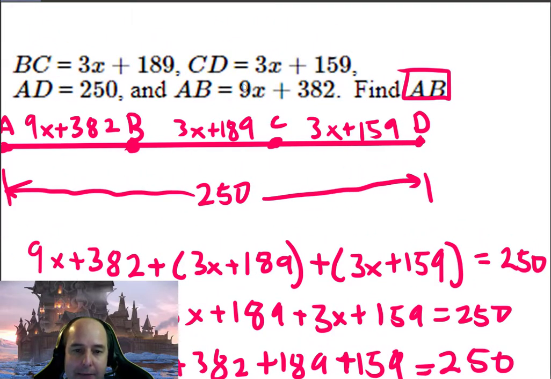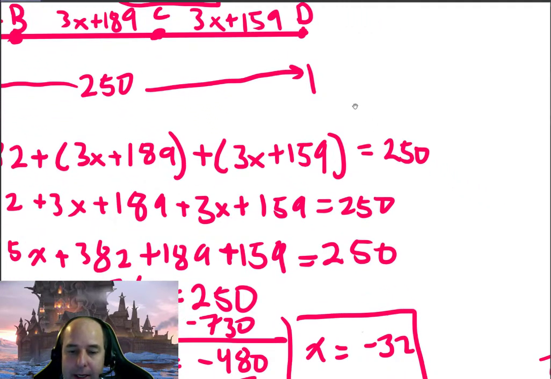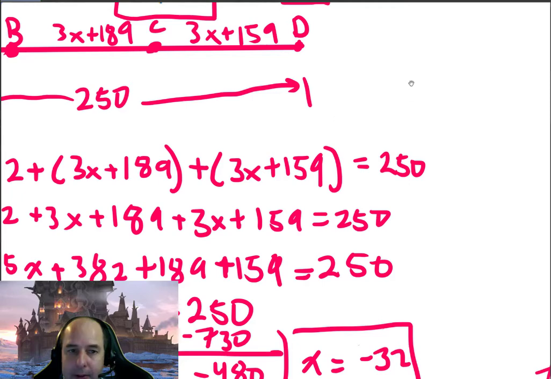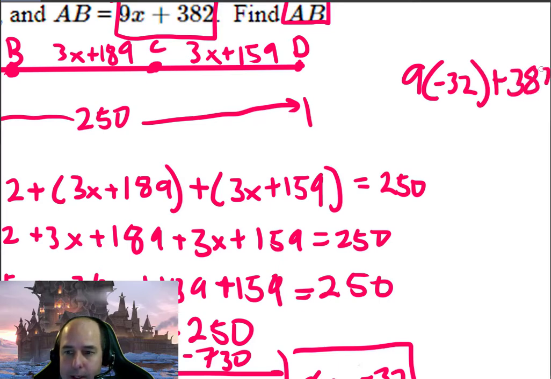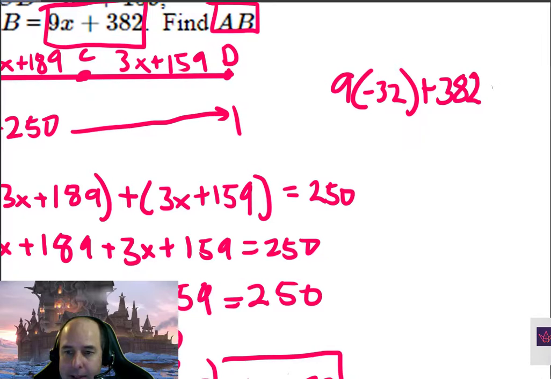So for AB, I have to take this equation here and substitute in negative 40 for x. So I have 9 times negative 40 plus 382 is equal to that distance AB that I'm looking for.